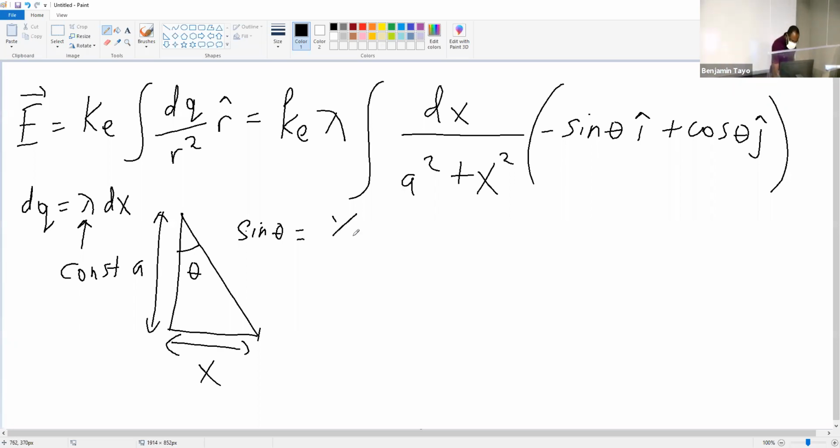So it's x over the square root of a squared plus x squared. Does that make sense? Because r squared was a squared plus x squared, then r is the square root of a squared plus x squared. Then let's get our cosine. What is cosine of theta? A over r. So it's a divided by the square root of a squared plus x squared.